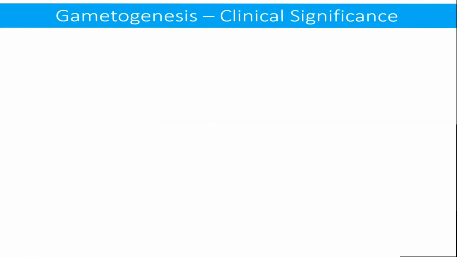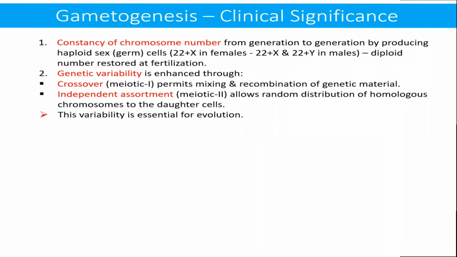As regards the clinical significance, gametogenesis is responsible for constancy of chromosome number from generation to generation by producing haploid sex cells, and the diploid number is restored at the time of fertilization.